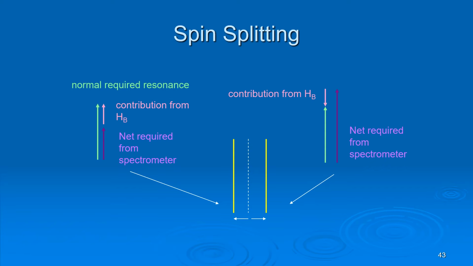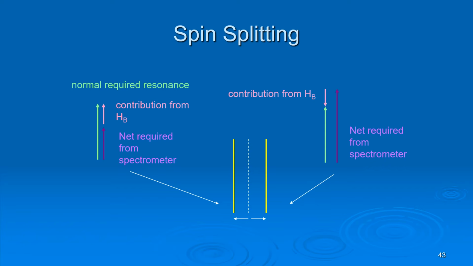What happens is that the effective field is slightly weaker, so the amount of frequency required is a little bit less. And so what's happening is the HB is actually de-shielding, and that shifts slightly to the left.